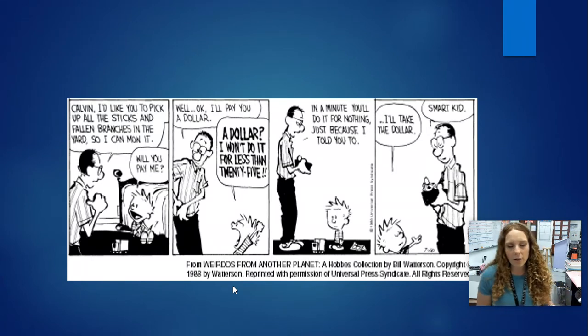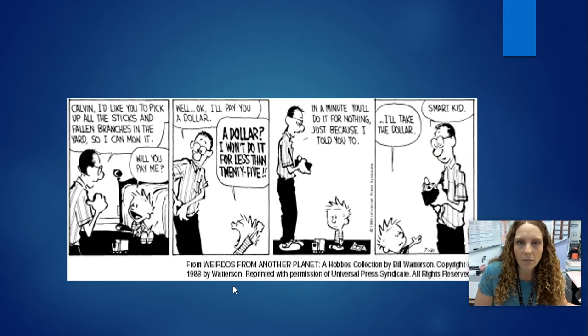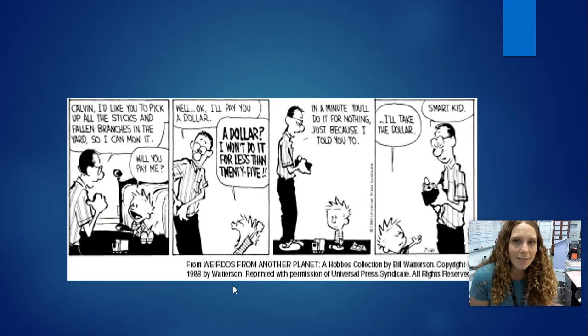What you'll notice here is this interaction between Calvin and his dad. Calvin is demanding something. Ultimately, he decides to take less than what he was originally asking for, but decides that something is better than nothing. He makes a decision. He weighs the benefit, he weighs the cost, and he makes a decision.